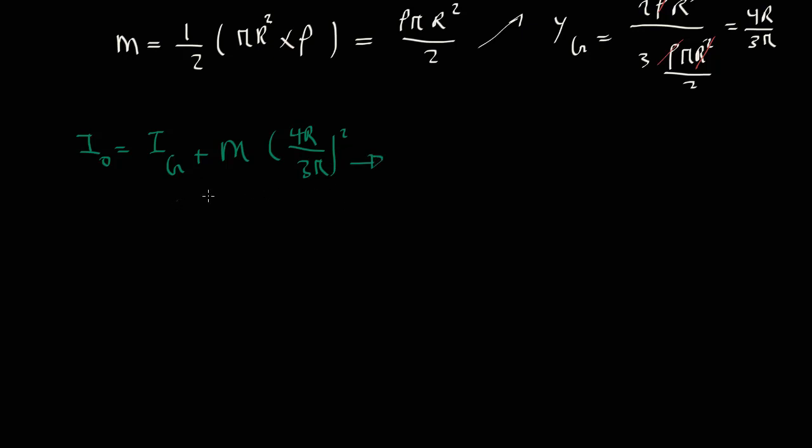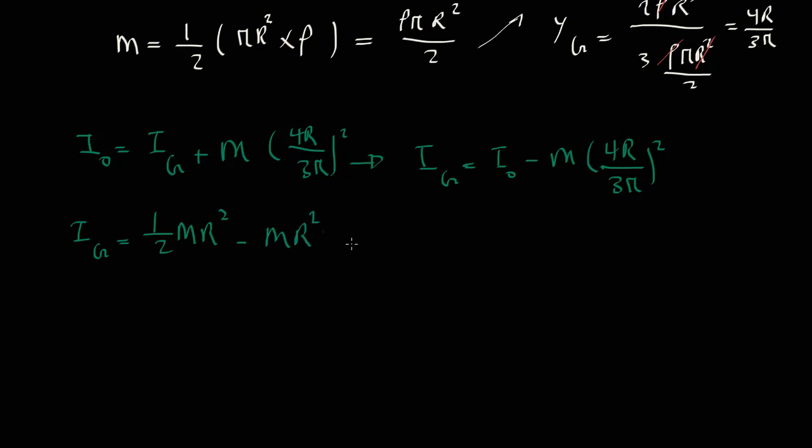And now we have IO, we can calculate IG. So IG is equal to IO minus m times 4r over 3 pi squared. And if we substitute for IO, IG is equal to 1 over 2 m r squared minus m times r squared, again 4 over 3 pi squared.